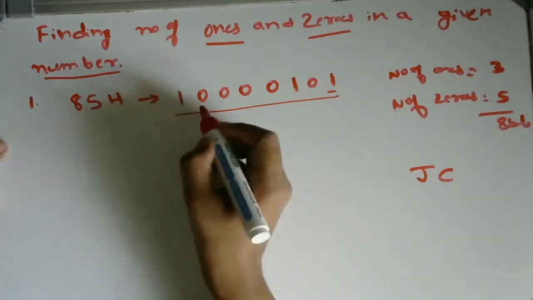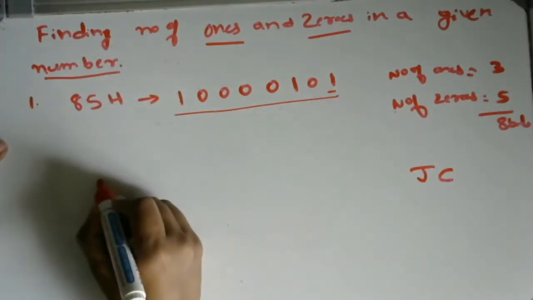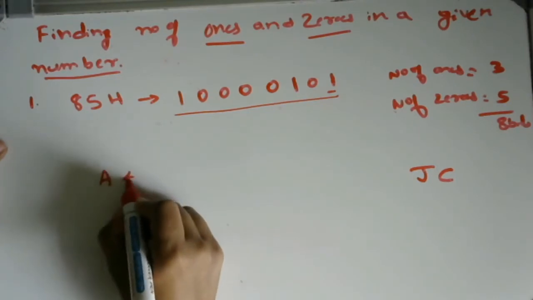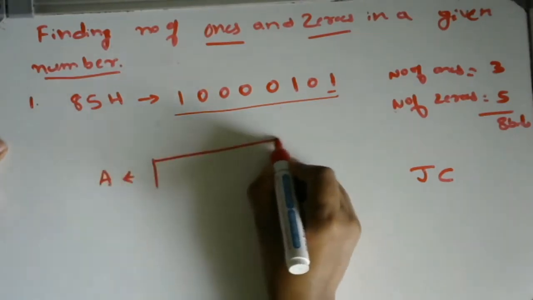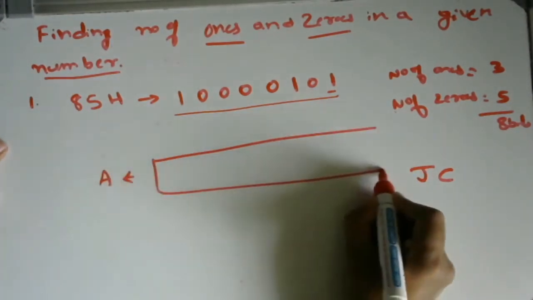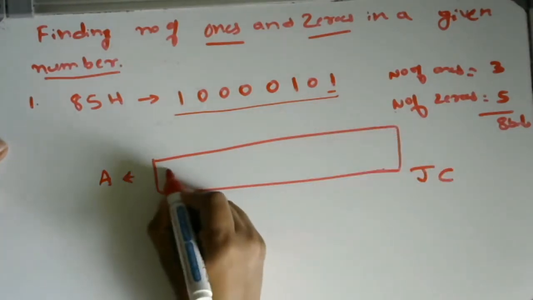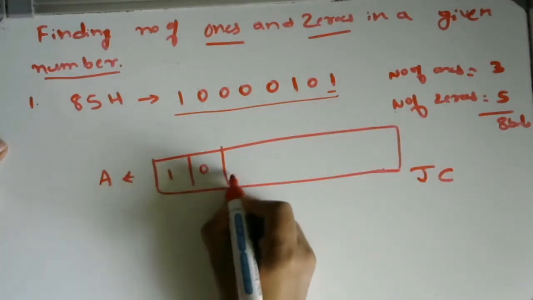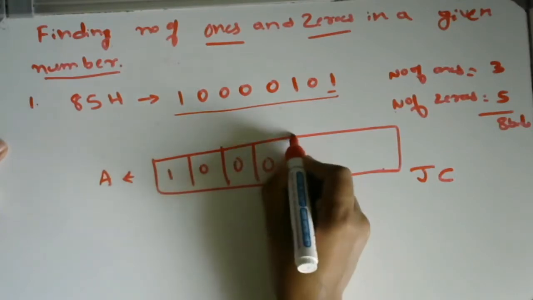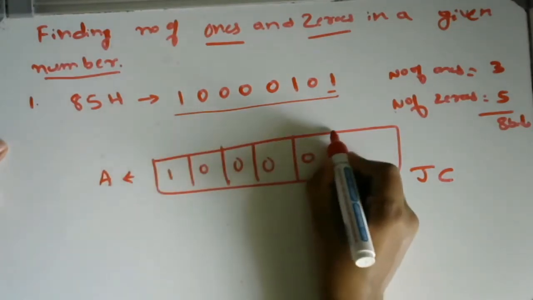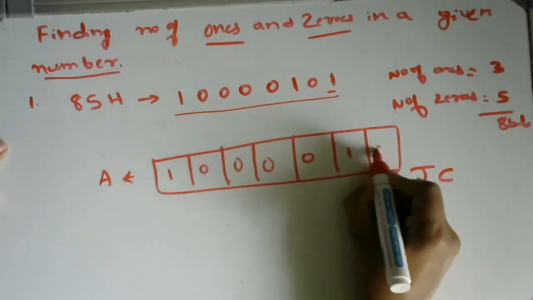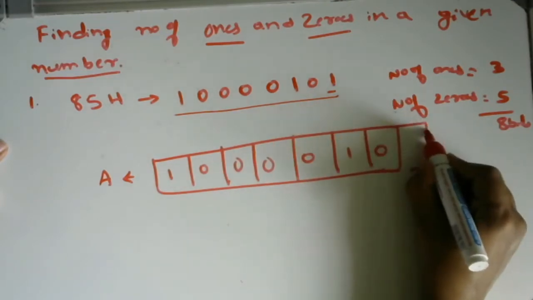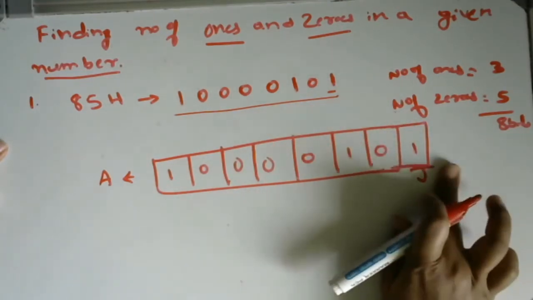Let's assume that we are storing this number in the accumulator. I'll rewrite this number: 1, 0, 0, 0, 0, 1, 0, and 1.